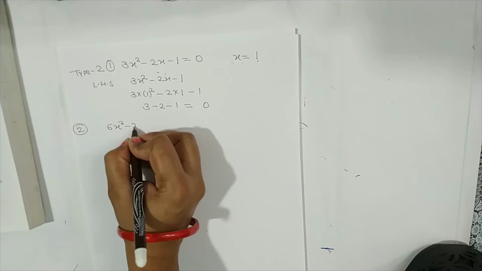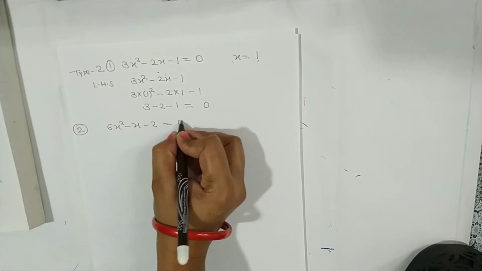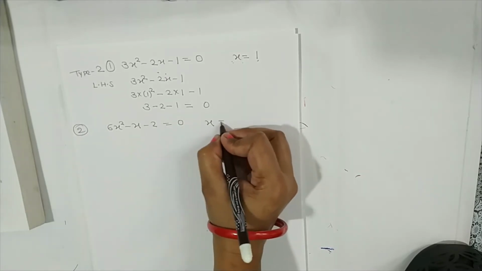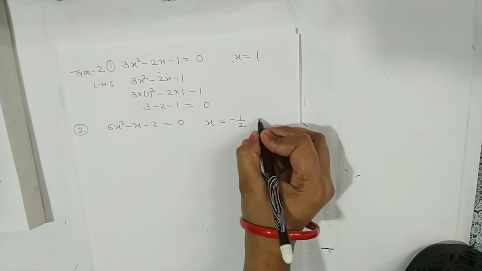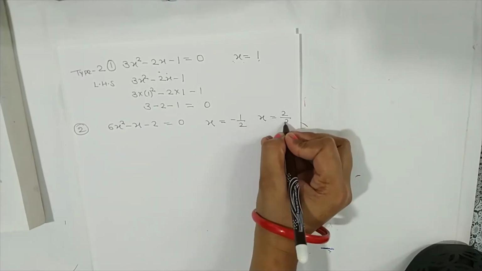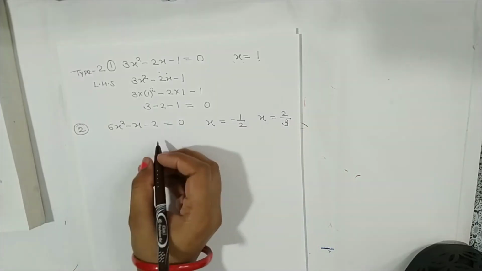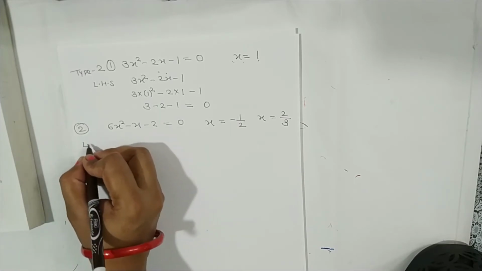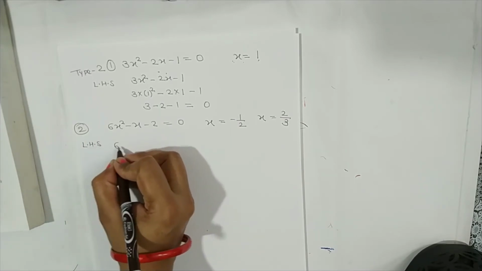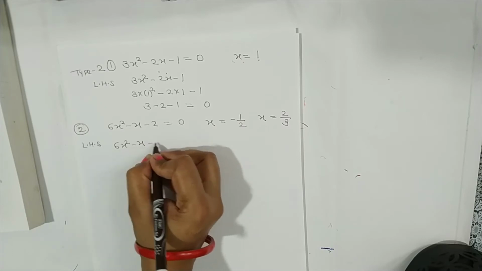6x square minus x minus 2 is equal to 0, where x is equal to minus 1 by 2 and x is equal to 2 by 3. We just put the values in the left hand side. So it will be 6x square minus x minus 2.